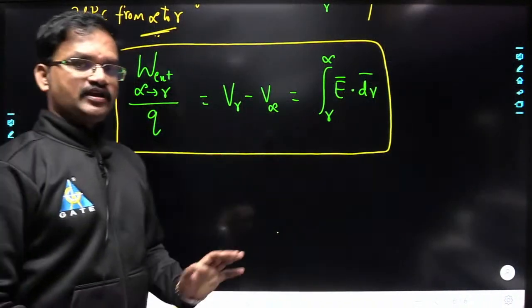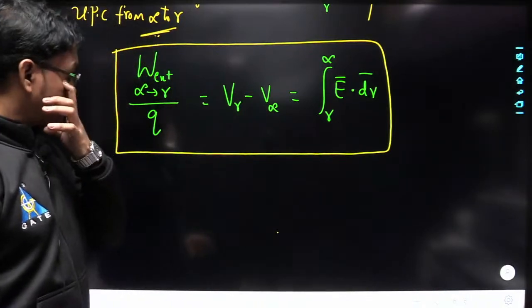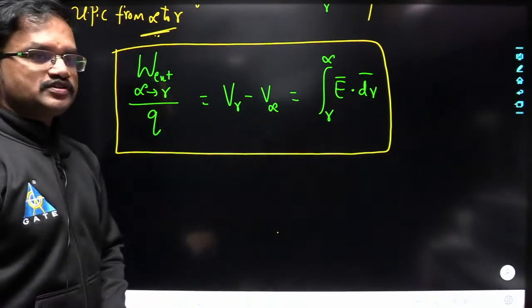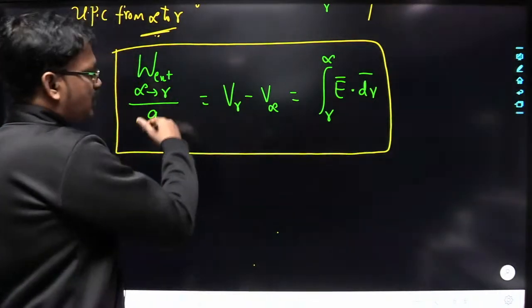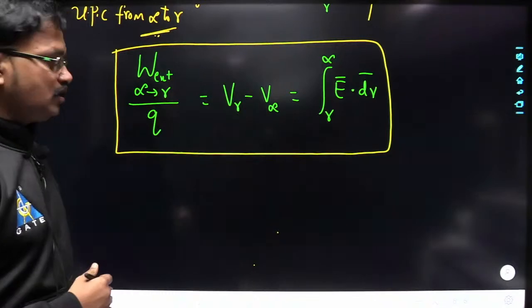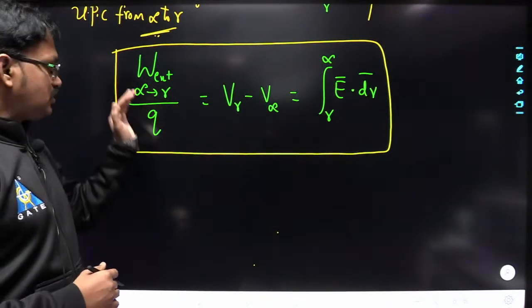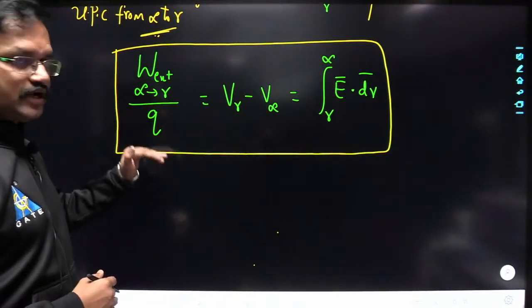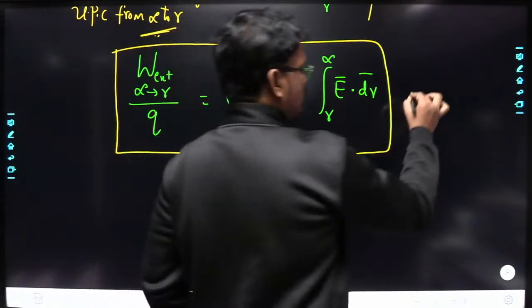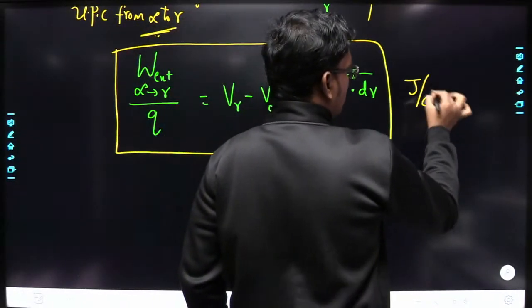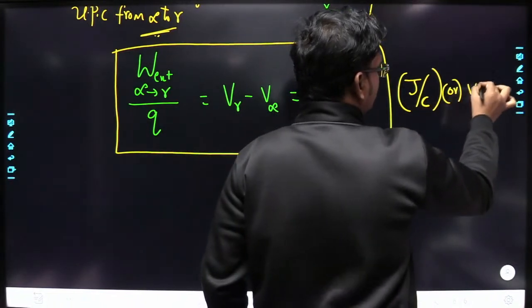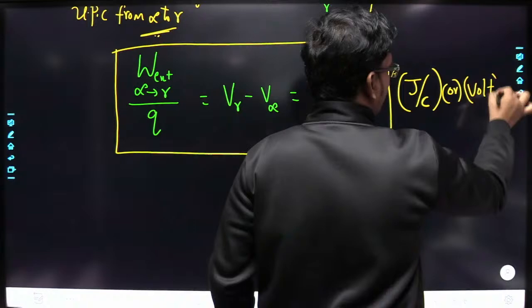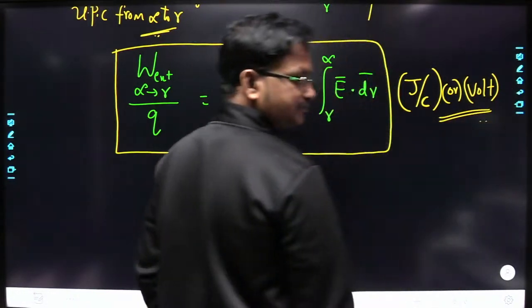So what are the units of this one? Work done per unit charge. Work done is in joules, per unit charge, that is coulombs. So the units are joule per coulomb, or we can say volt.